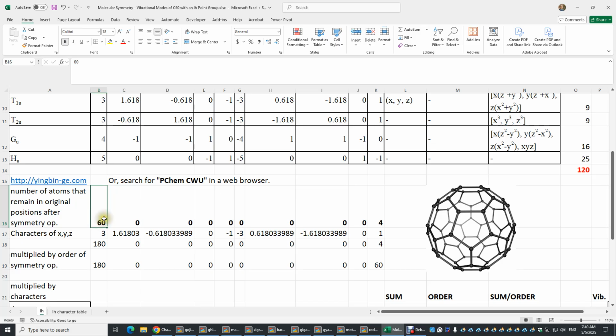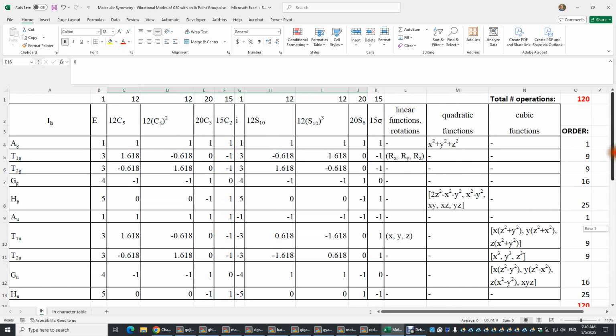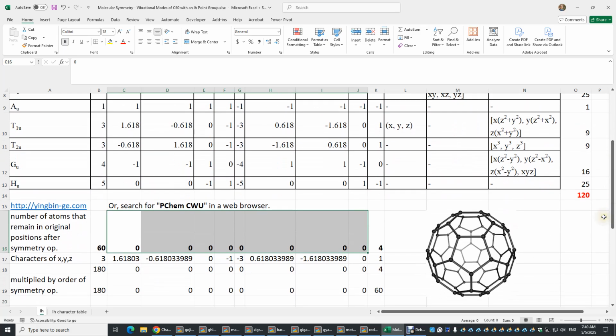So we have 60 here. And then if you do any other symmetry operation, you pretty much get 0. You will move all 60 carbon atoms out of their positions. For example, C5, that means the rotation about the C5 axis by 72 degrees, and if you do that, all those atoms will be moved out of their positions.